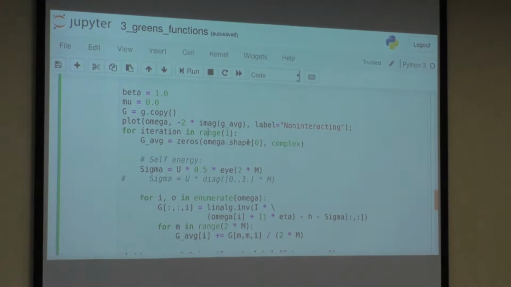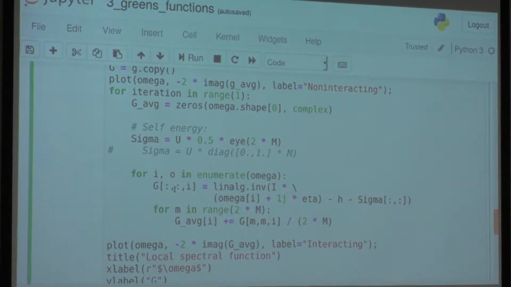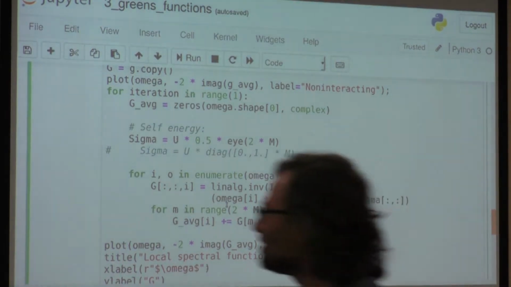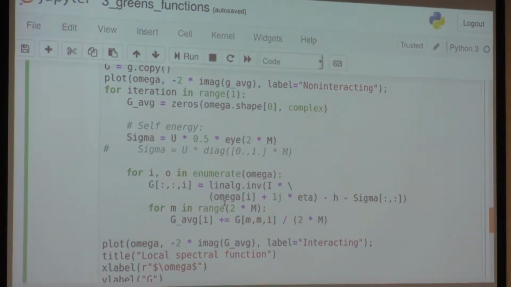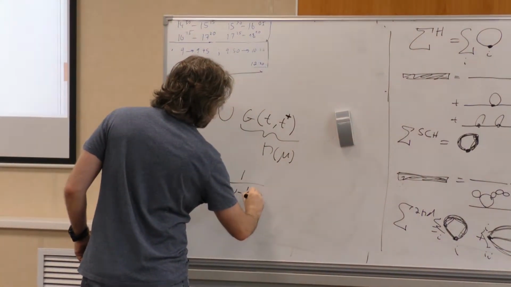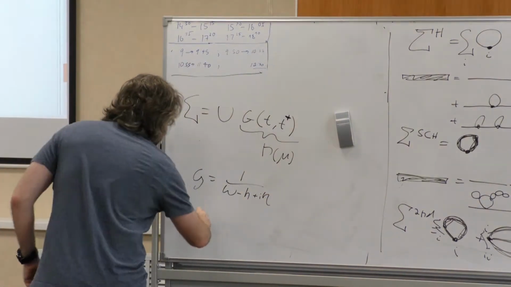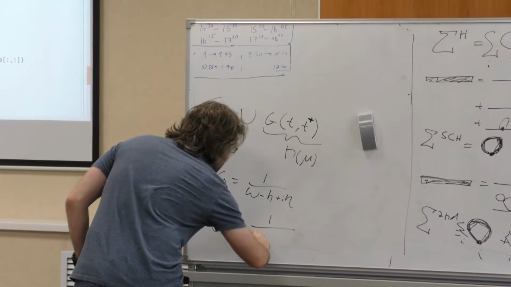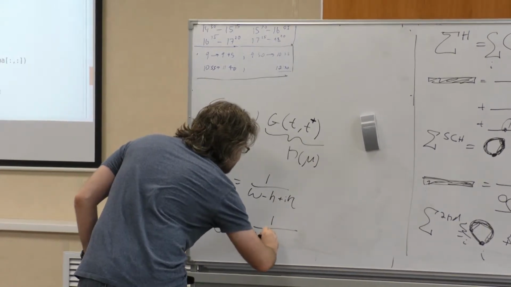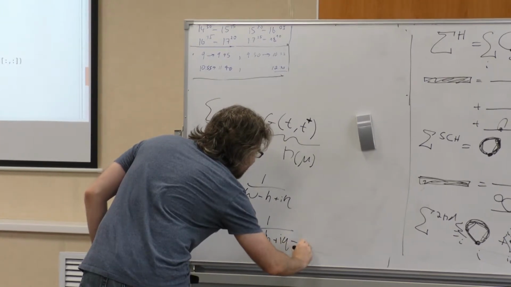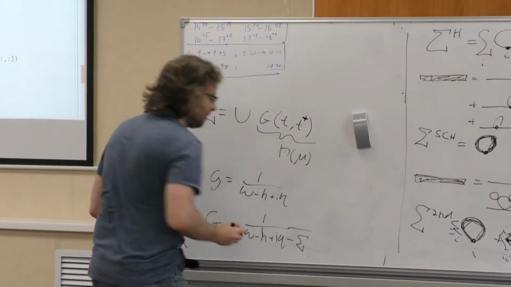So how do I use this? My interacting Green's function is just, what does this say? Again, we had G equals 1 over omega minus H plus i eta. Big G is 1 over omega minus H plus i eta minus sigma.